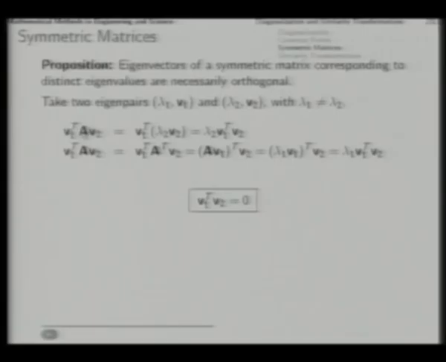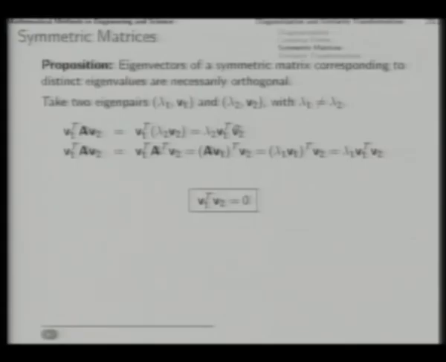So for that, we take a very simple means to establish this. We evaluate v1 transpose A v2 in two different ways. In the first case, we simply take AV2 as lambda 2 V2, because lambda 2 and V2 are the eigenvalue eigenvector pair. So, in place of AV2 we write lambda 2 V2, lambda 2 being a scalar comes out and we get lambda 2 into V1 transpose V2.